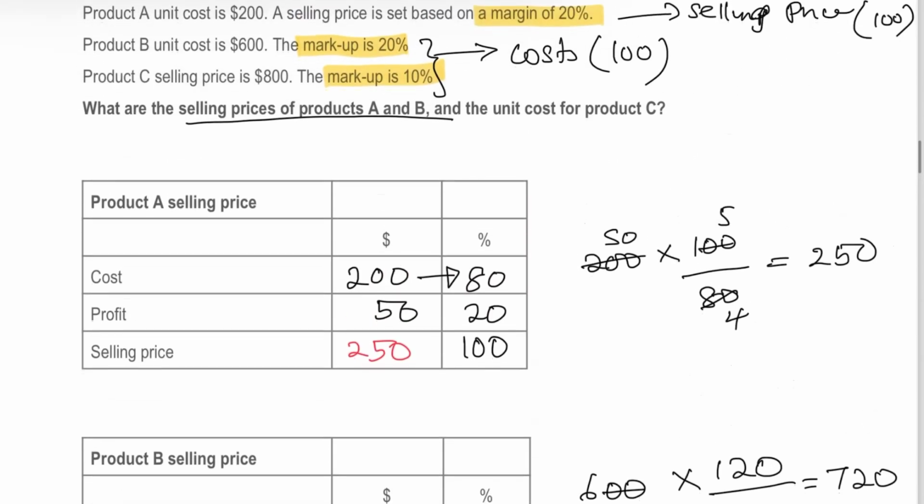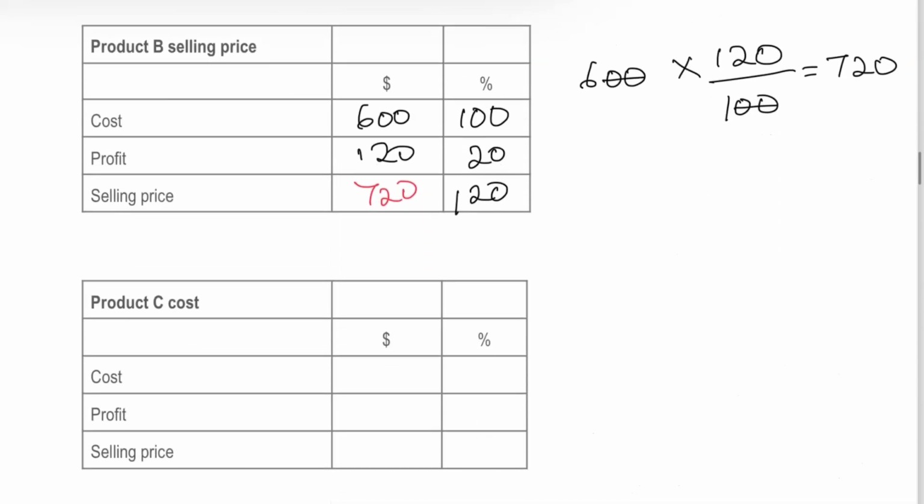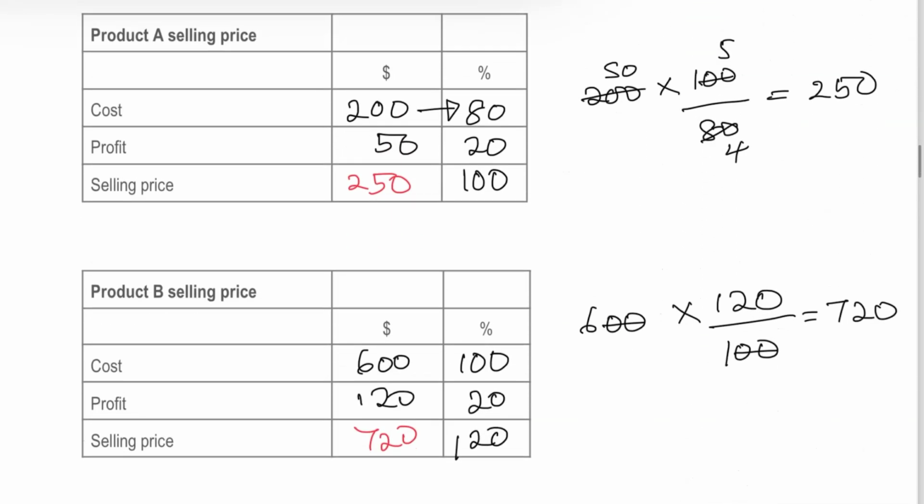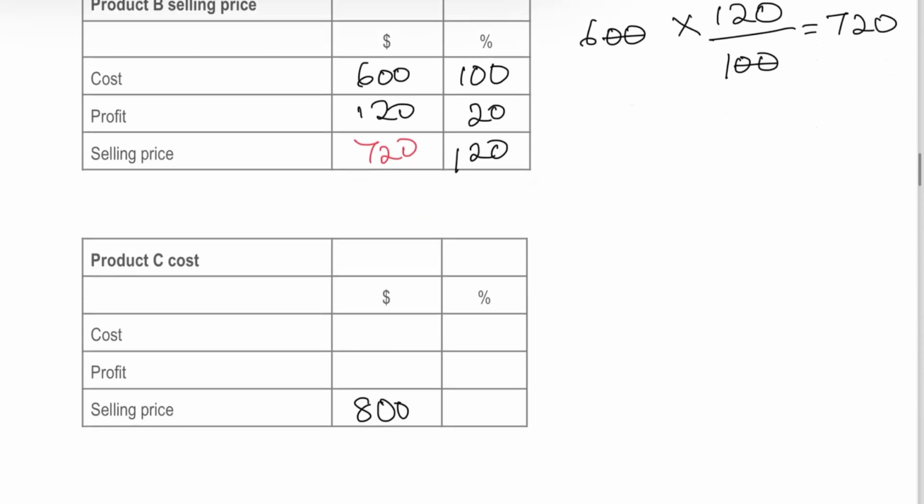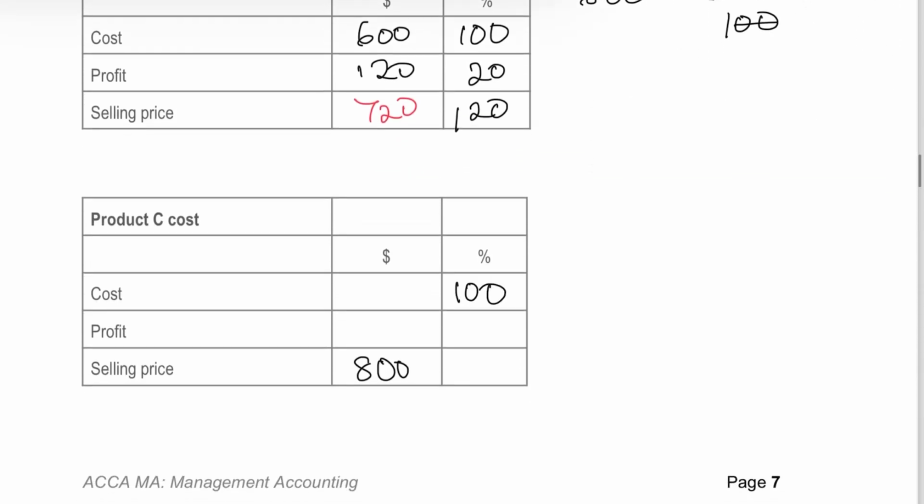The final one, our selling price is 800. Our markup is 10%. So markup is based on cost. That means 100, 10. This should be 110. Now here we need to find the unit cost or the cost. So we have to find 100. We have 110. So that will be 800 into 100 and we have 110.